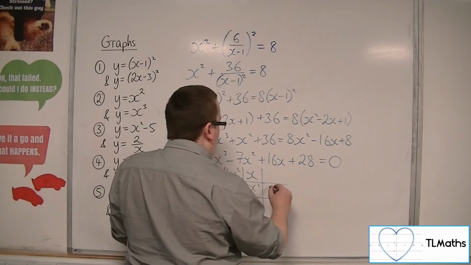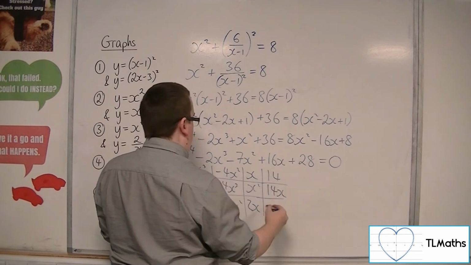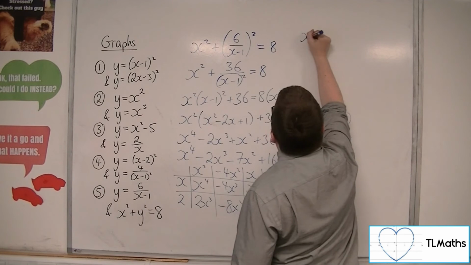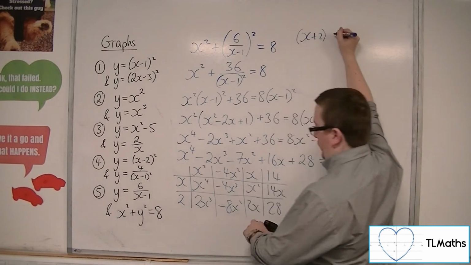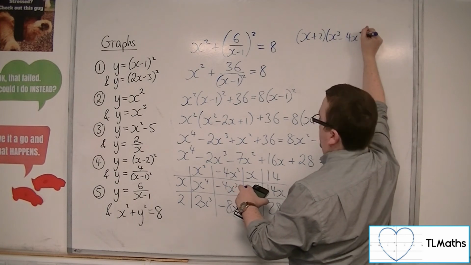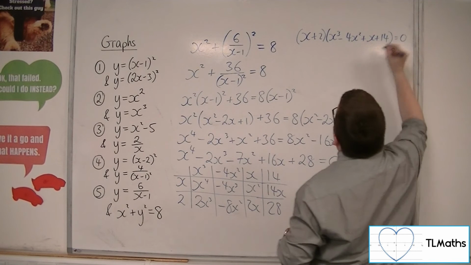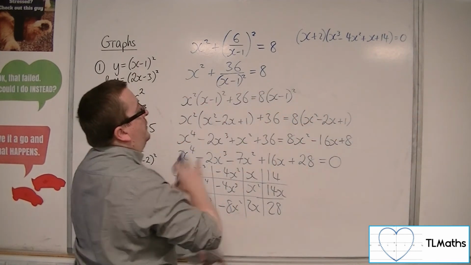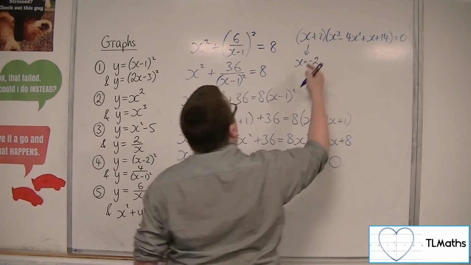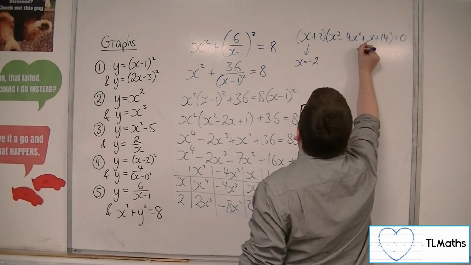We need 16x, so that's going to be 14x. So that would be 14, and that would be 28. So x plus 2 times x cubed minus 4x squared plus x plus 14 equals 0. So that means that either x is equal to minus 2 from that bracket, or we're going to have some roots from this bracket.